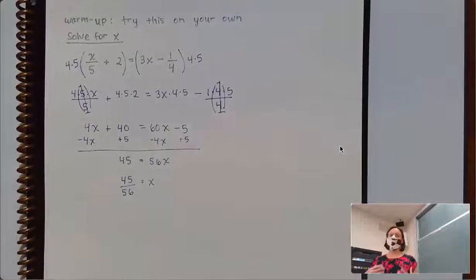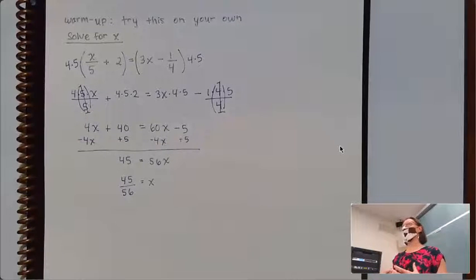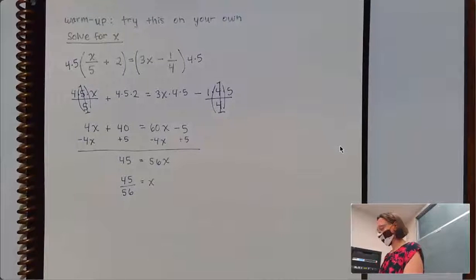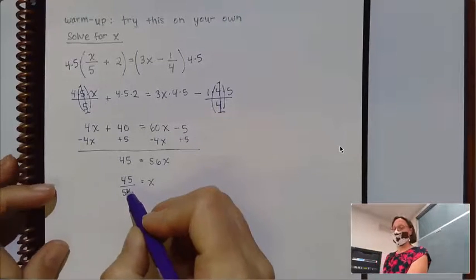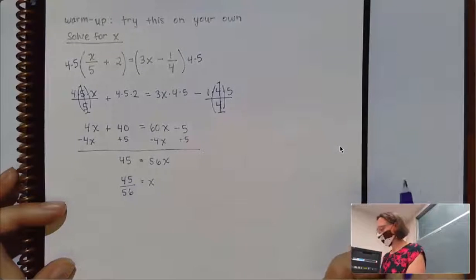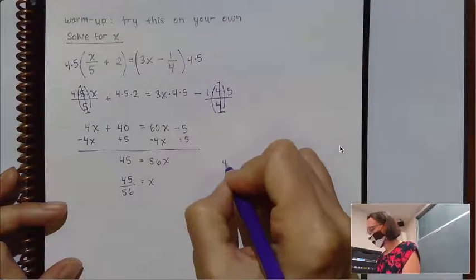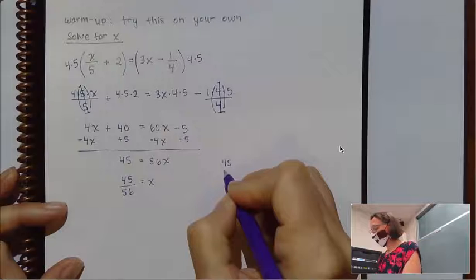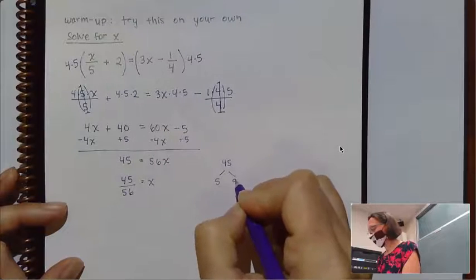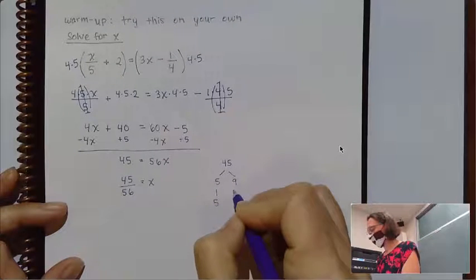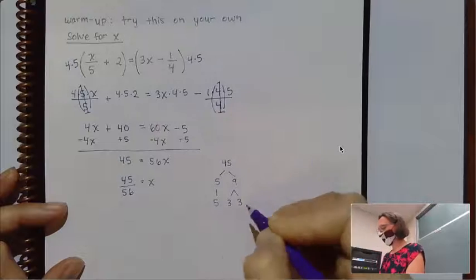Now we could pause here for a second and say, I wonder if that's in lowest terms. If I wanted to check to see if 45 over 56 was in lowest terms, I'm going to bring in another skill from that first section of the book, and I'm going to think about the prime factorization for both of those numbers. So if I take that 45, I know that 45 is 5 times 9. And that 9 is 3 times 3.